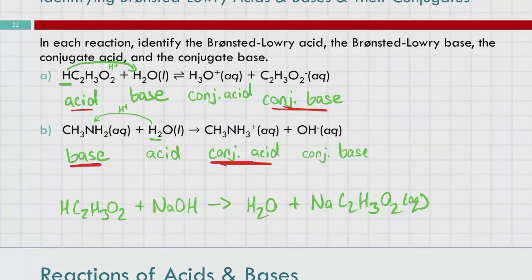That would be aqueous. Our HC2H3O2 is still our acid, and our conjugate base is in this NaC2H3O2 compound. Even though it has a sodium in front, because it's aqueous, this sodium is not actually connected. It's just a counter ion to the C2H3O2.